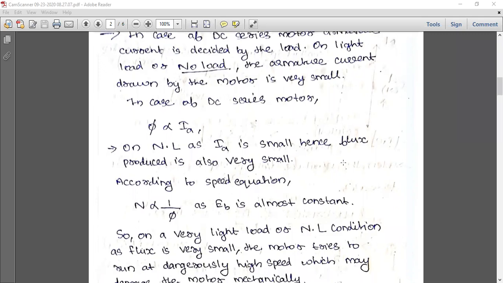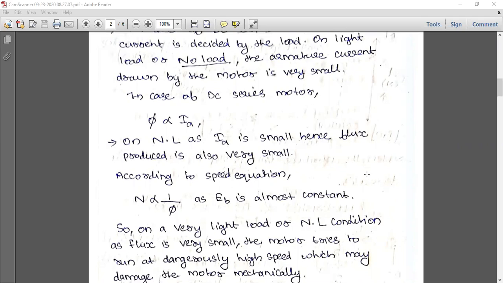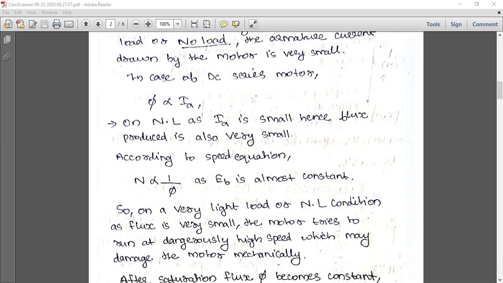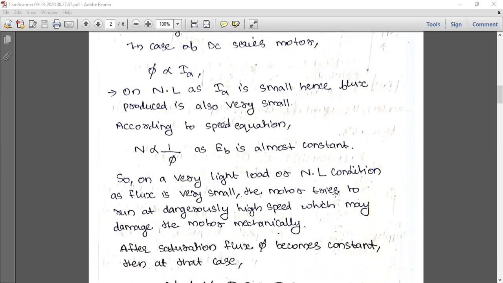On no load, as IA is small, the flux produced is also very small. According to the speed equation, N is proportional to 1 by phi, as EB is almost constant. So here comes the point. On a very light load or no load condition, as the flux is very small, the motor tries to run at dangerously high speed. You see the things coming?